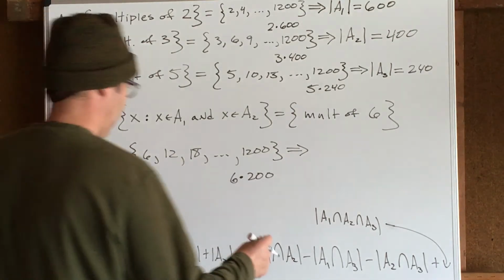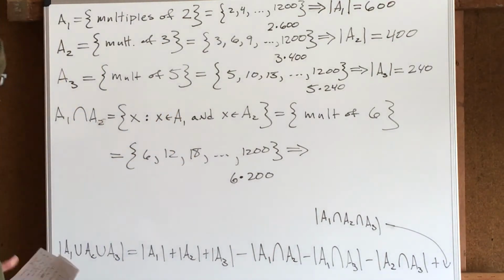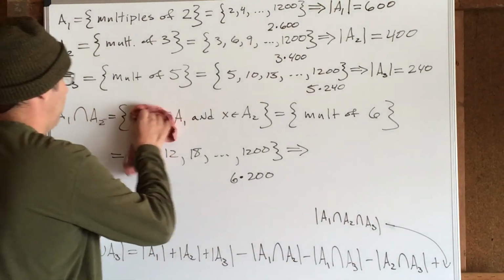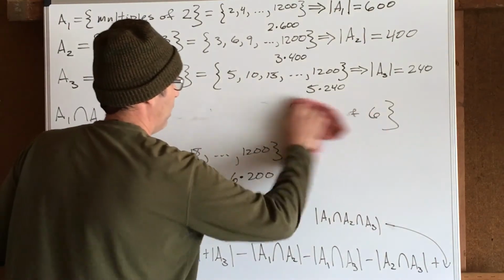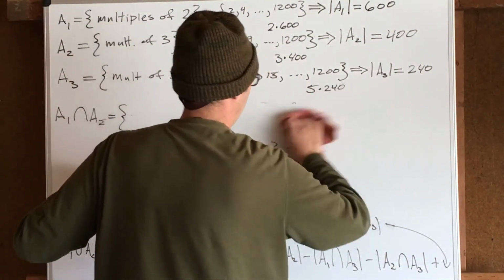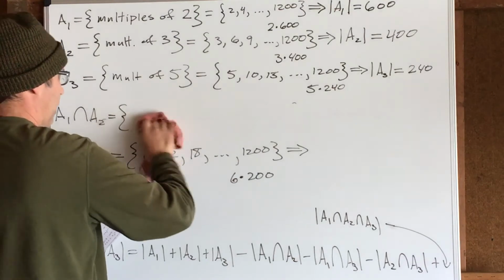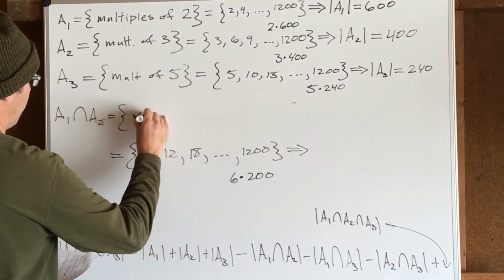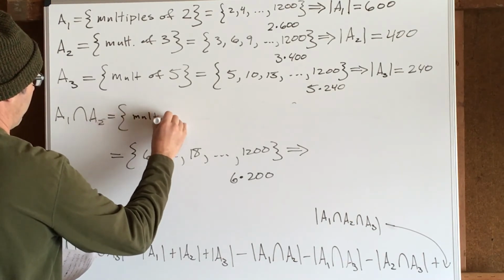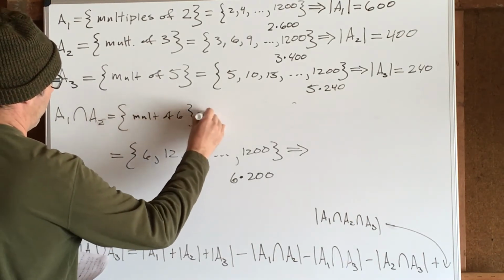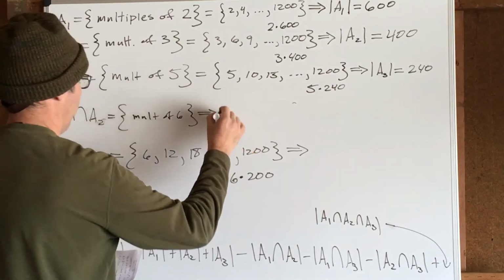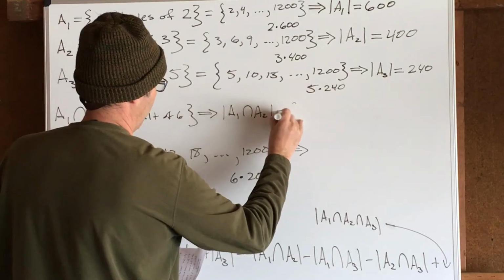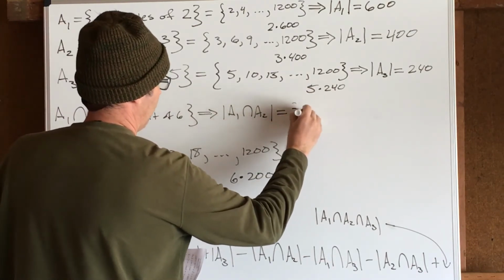That tells us that A1 intersect A2, these are multiples of 6, equals 200.